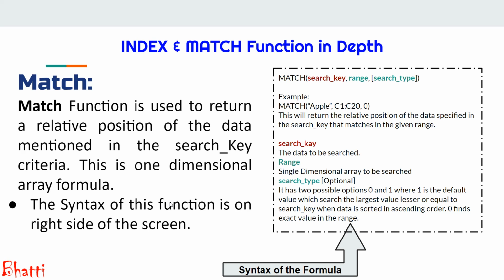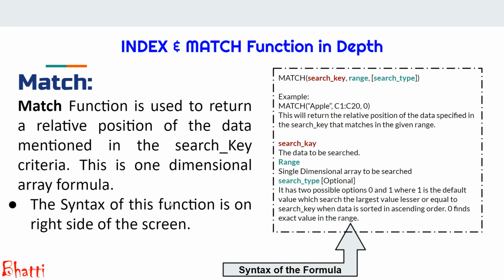0 means exact match. If this function has apple in capital, it will not be considered as exact match and it will not give us the output as required. So it will match exact. The other one is basically not applicable on the text.